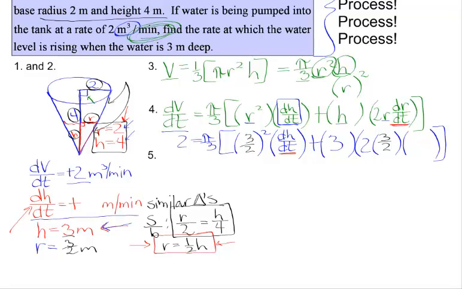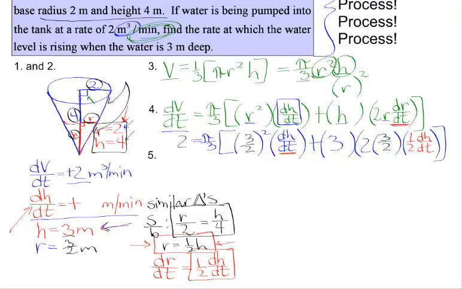If this is the relationship between r and h, when I implicitly differentiate this equation with respect to time, it must be the relationship between the rates of r and h. Has to be. It can't help itself. So I may not have a value for dr dt, but I certainly can write dr dt in terms of dh dt. And that completes step 4 of the process for related rates.